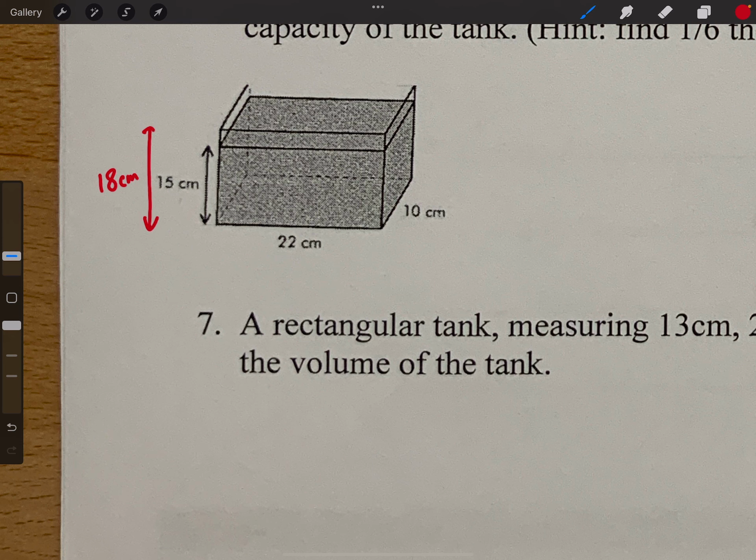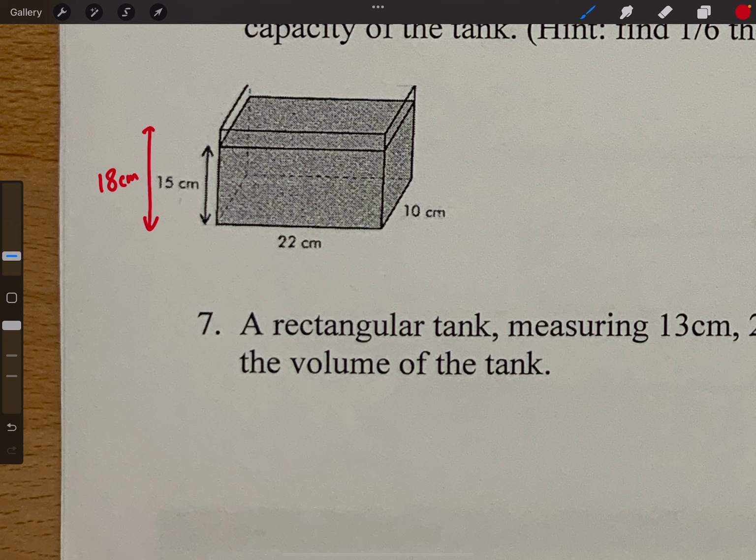Now it says find capacity. To find capacity, we cannot leave it in centimeters cube, we must change it into milliliters or liters. Once you get the answer for this, you're going to change it into milliliters.